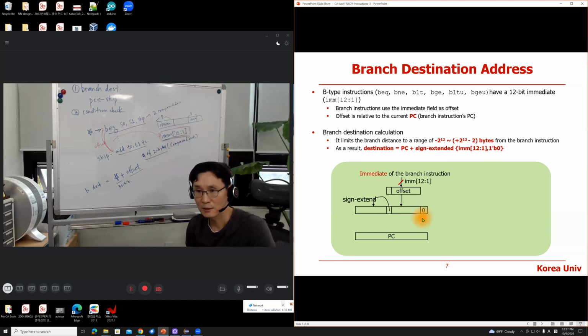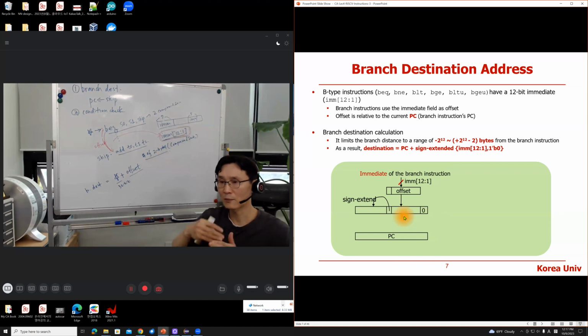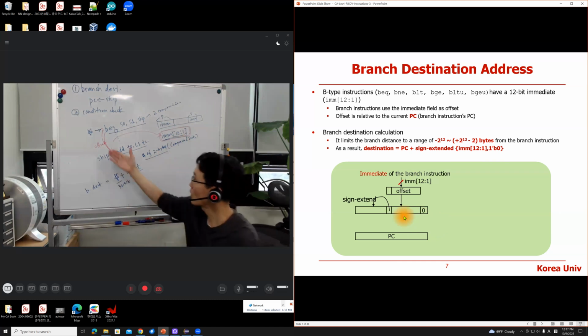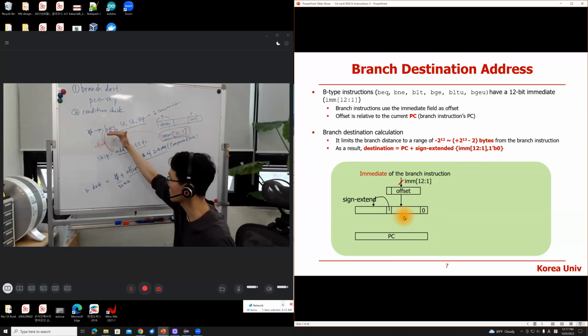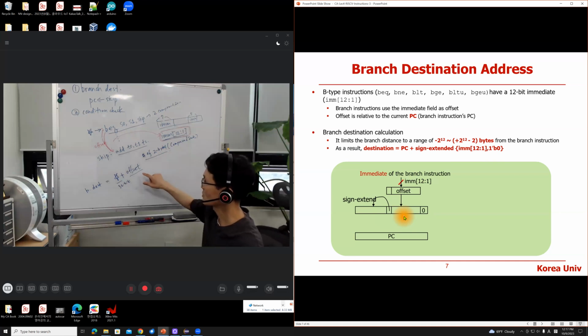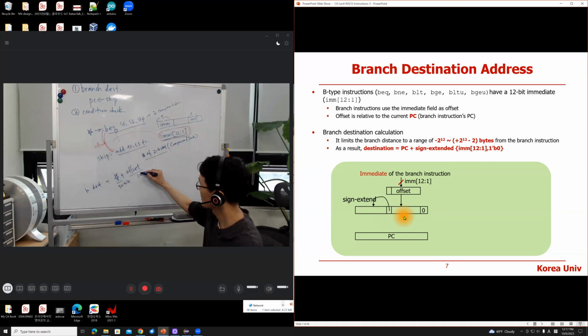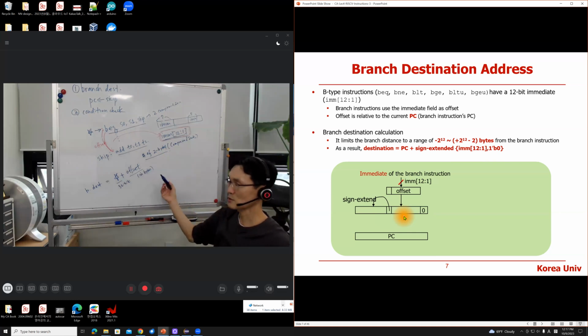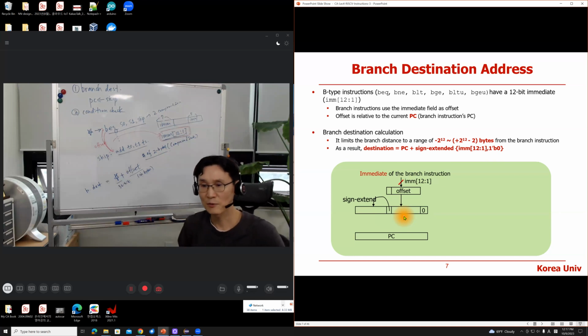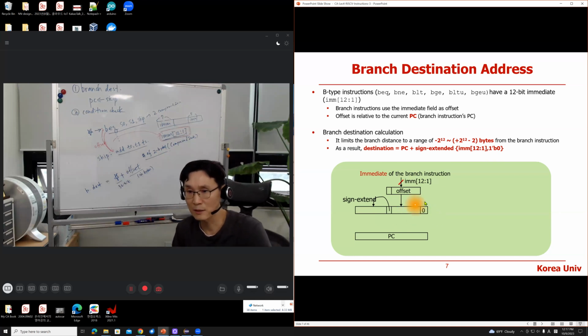Then that is how many bytes away from the current location, the offset in bytes, not 2 bytes, just bytes. So for that purpose, you have to append 0.